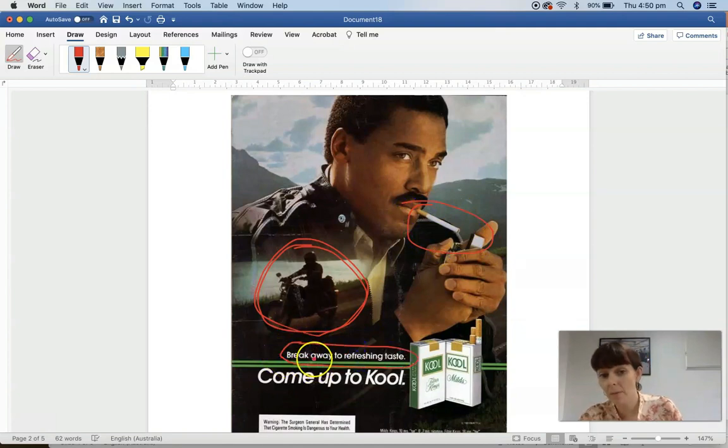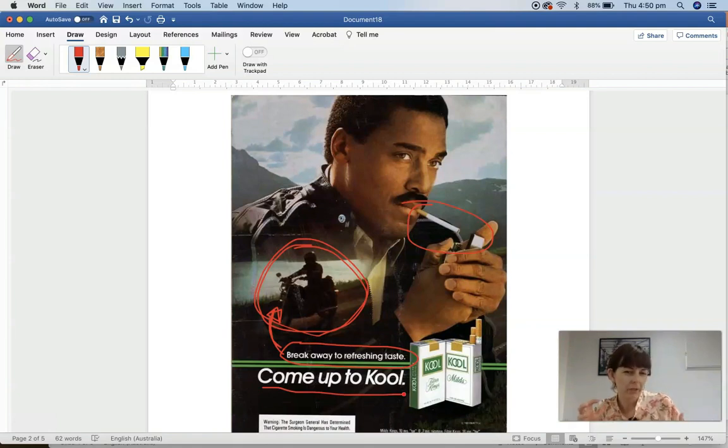So I'm thinking this idea of breaking away in the words connects to the image of him. He's obviously getting away from everything in his life. We've also got this phrase, "come up to cool." What are they meaning? Is that perhaps elevate yourself, so it's not a dodgy, low-level cigarette brand?